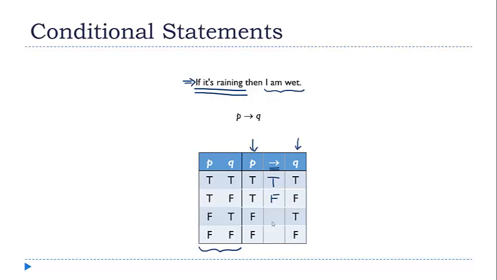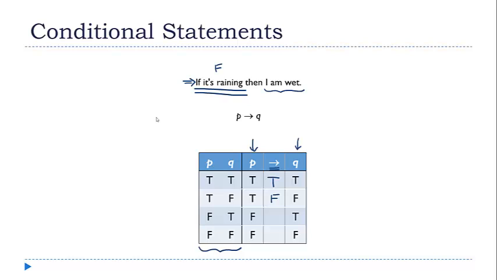Now, these last two are the ones where students sometimes run into trouble. What happens if the first statement is false? This is the part where you need to think like a mathematician, and you need to be extremely literal. You can't read into the statement. You can't infer things from the statement. You have to go by what it tells you and nothing else.